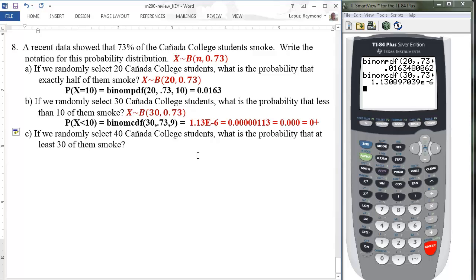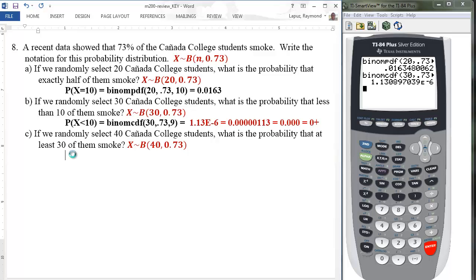Alright, now the last one. It's asking us if we have 40 students this time. What's the probability that we select at least 30 of them? Now, at least 30, what does that mean?